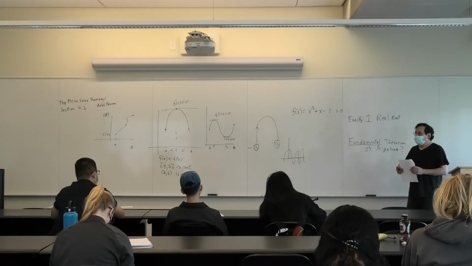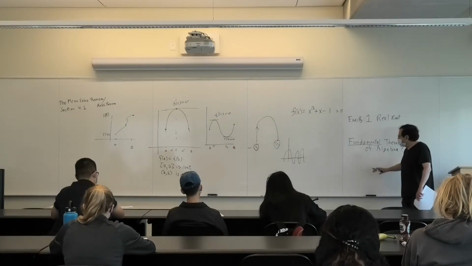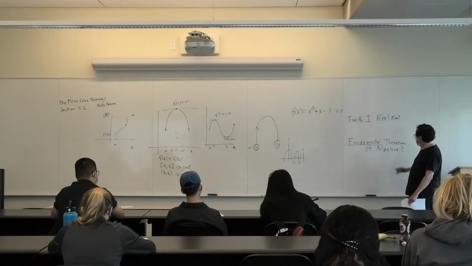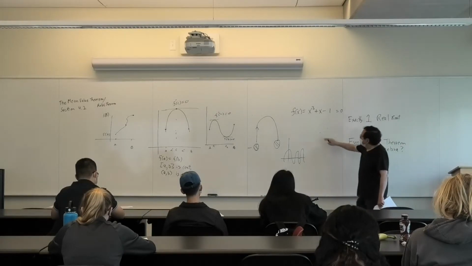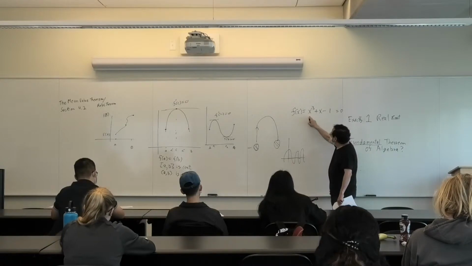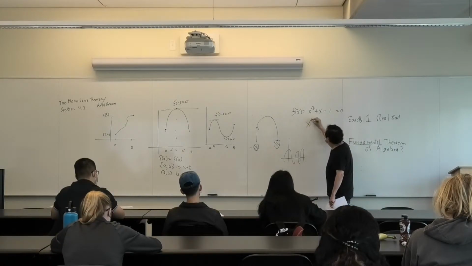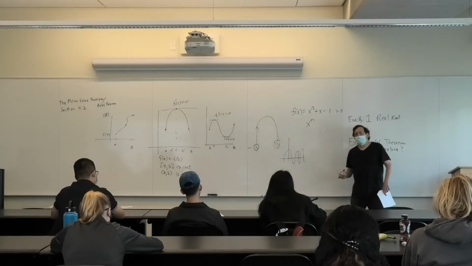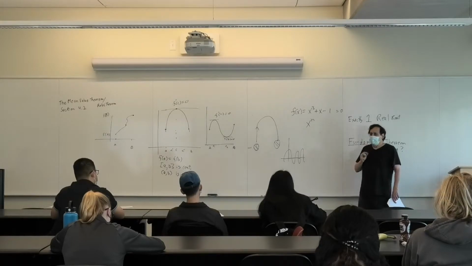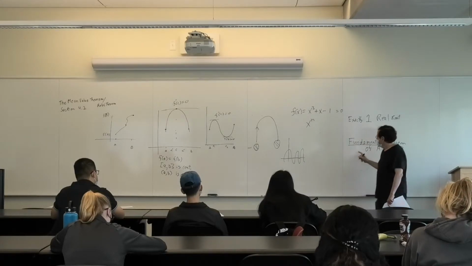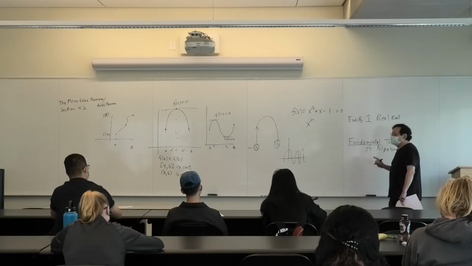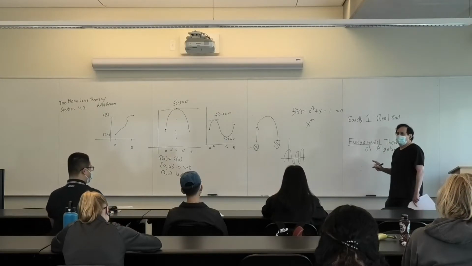A little trip through memory lane. For a long time, I thought that the fundamental theorem of algebra was that if you have a polynomial of degree n, it has n roots. Now the statement is true, but that's technically not the fundamental theorem of algebra.